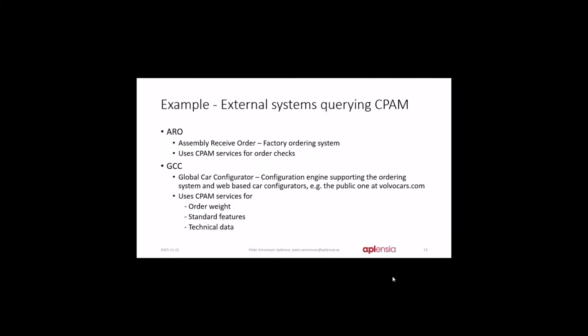The other one is a global car configurator, which is basically a configuration engine for specifying a car, used both in the ordering system, but also in web-based configurators, such as the one you can use on the volvocars.com website. And they use CPAM for a couple of different things.